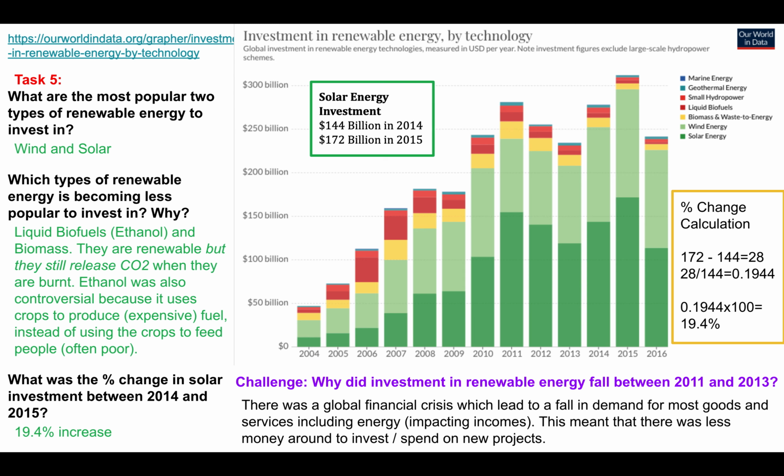There was a global financial crisis in 2009, which was the main global financial crisis, but then there was an extra bit that happened in 2010 and 11. And it led to a fall in demand for pretty much most goods and services. So anything that we were importing from China was reduced in demand, less things were being exported from China.